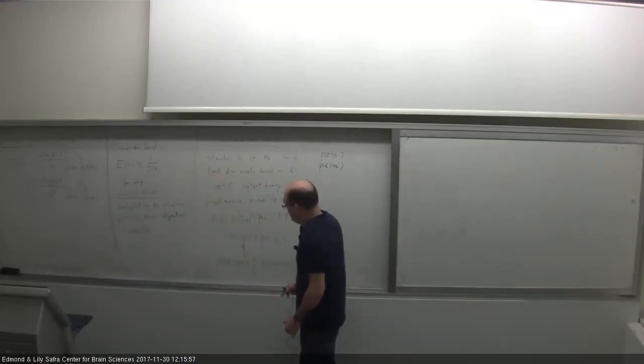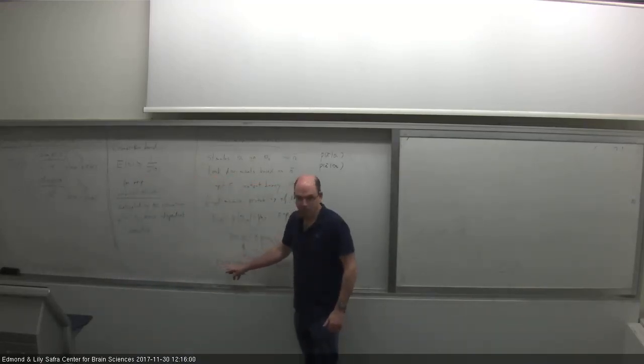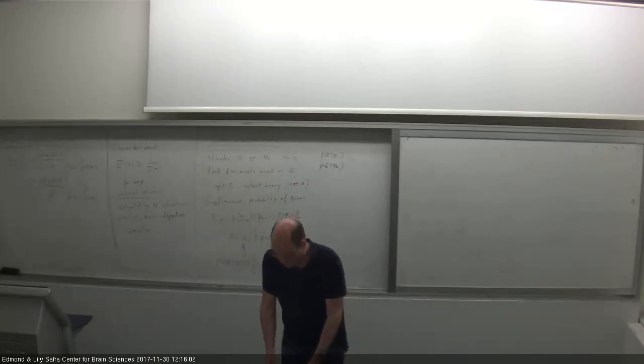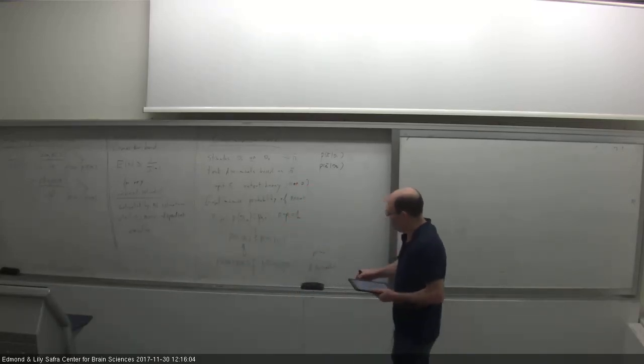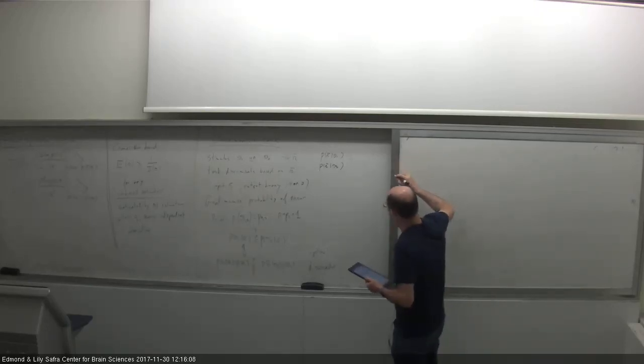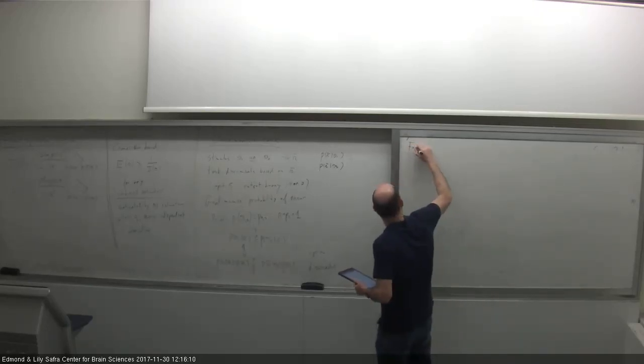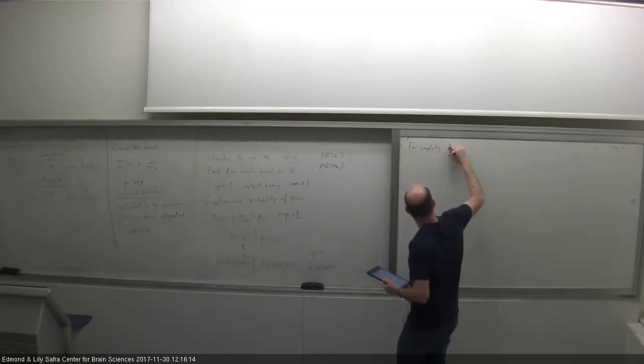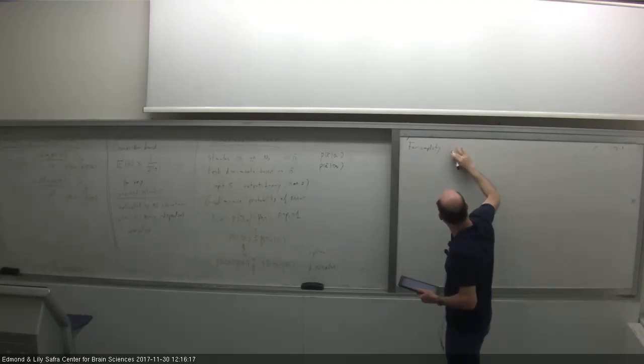We choose the theta for which the likelihood is larger, whereas this is posterior probability. Okay, so for simplicity, from here on, I assume that P1 equals P2.